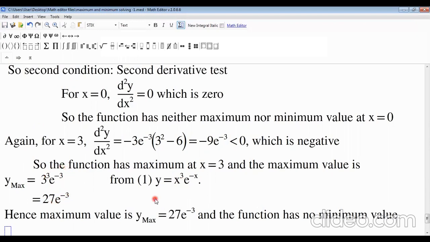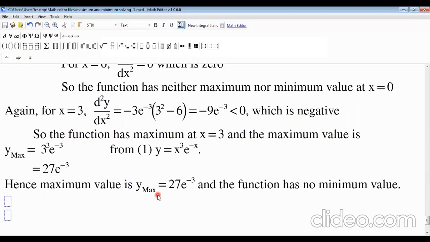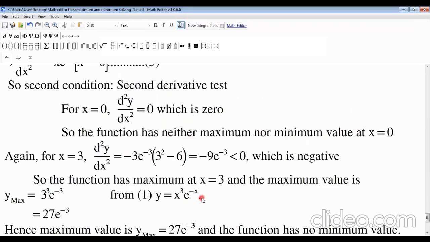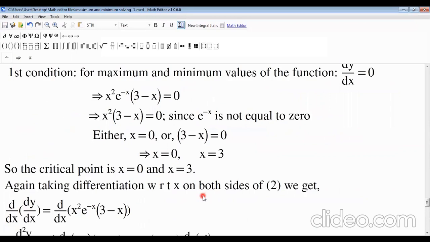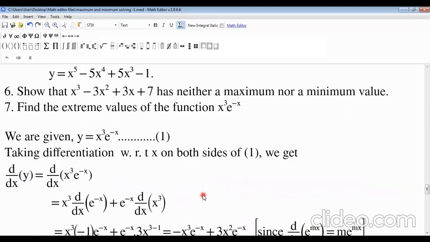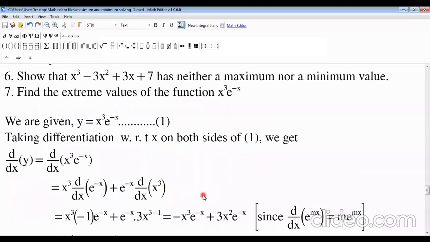The given function has only the maximum value, and y max equals 27 e to the power minus 3. And the function has no minimum value, nor maximum value at x equals 0. So x equals 0 is the inflection point here.